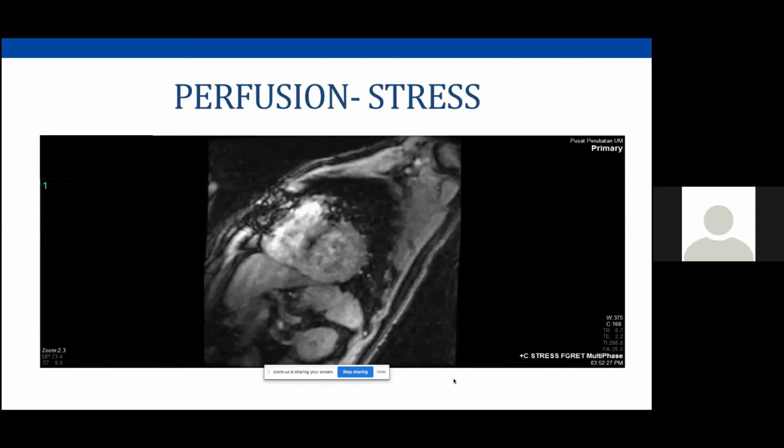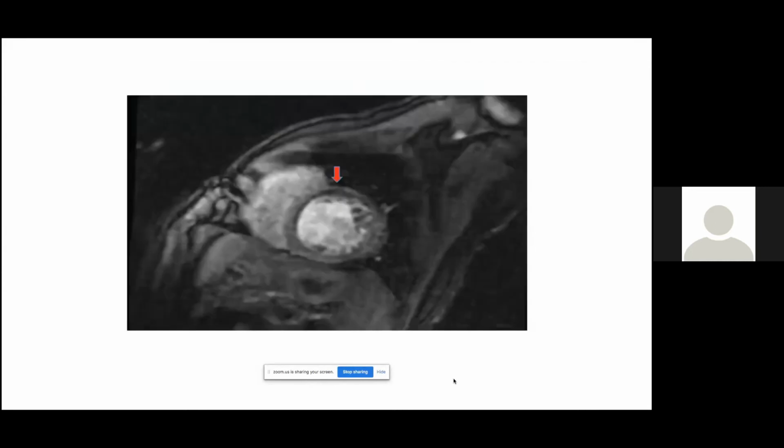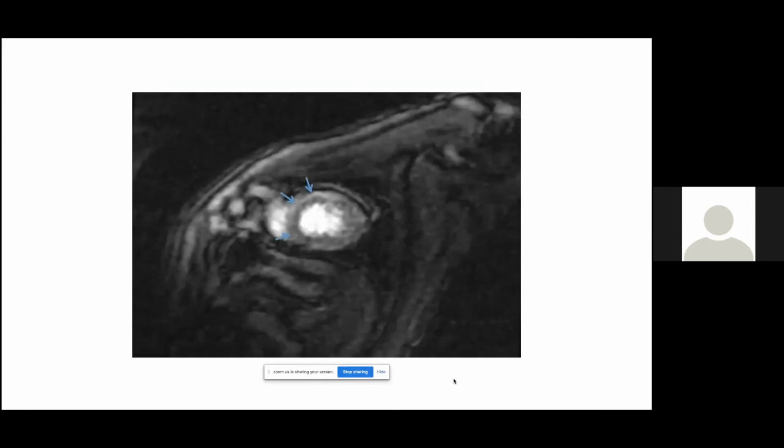These are the images from his perfusion study. We cannot make these into a movie. However, in this perfusion study, we can see there's a perfusion defect present at the anterior wall, and some defect present at the septal wall as well, extending from the mid LV.